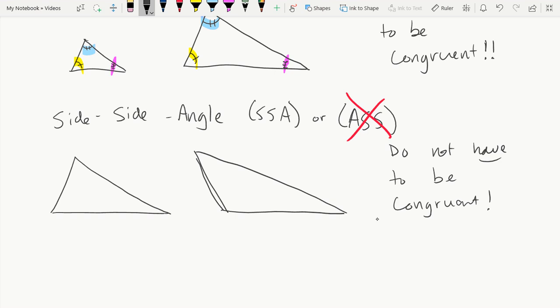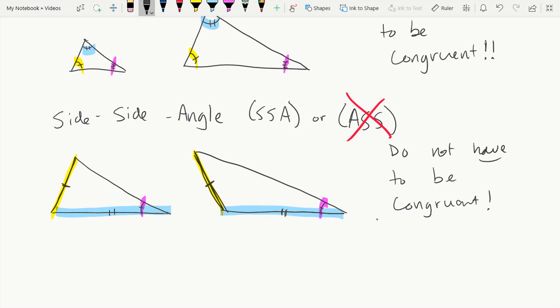So it is possible for me to make two triangles where you have a side, another side, and an angle that are all congruent, right? So this side is the same as this side is the same as this side, this angle is the same as this angle, but they are obviously not congruent. They don't have to be not congruent, but we cannot prove congruence with just this.